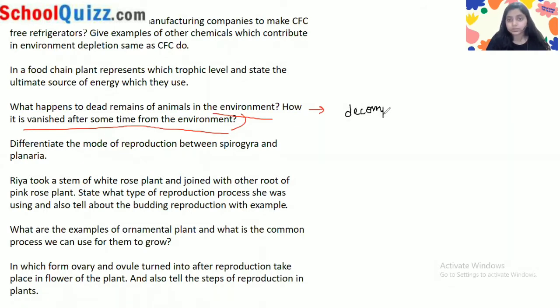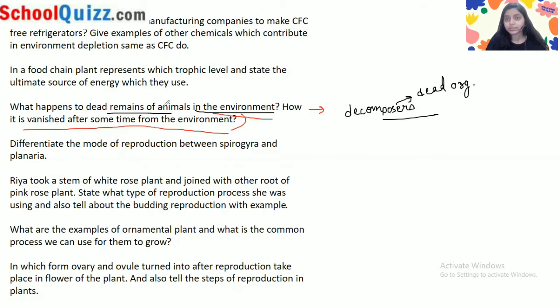So what are the decomposers? They feed on dead organisms. So what happens to dead remains of animals in the environment?